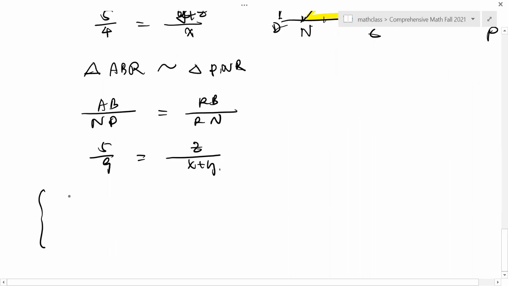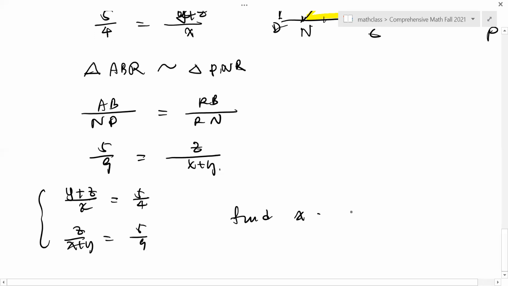So you have y plus z over x equals 5 over 4, and z over x plus y equals 5 over 9. Can you find x to y to z? The answer is yes. We just need to solve these equations.